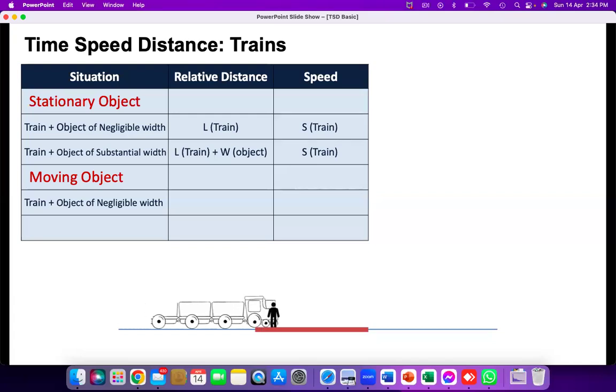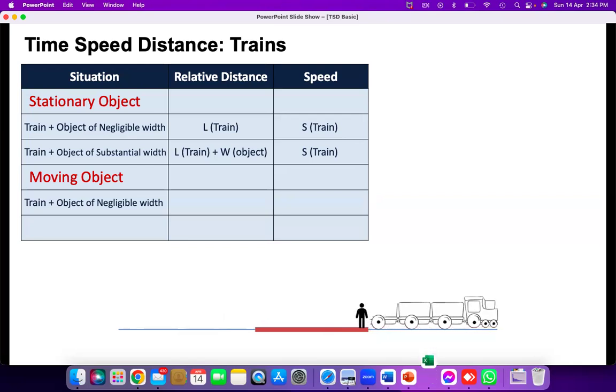See, what is the distance traveled by the train? Length of train plus nothing, because the object does not have any width, right? So that is the total distance. What is the total or relative distance? That's the length of the train only, right?